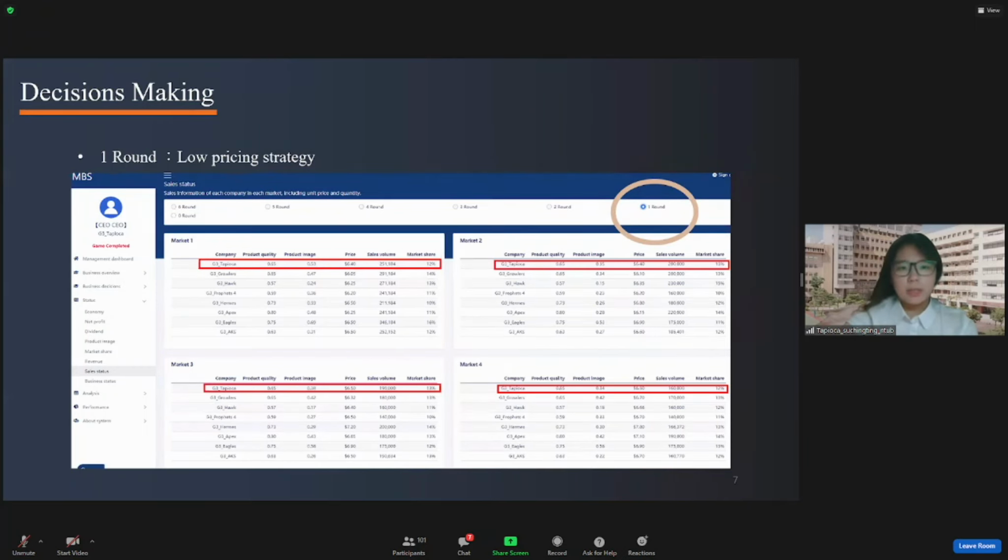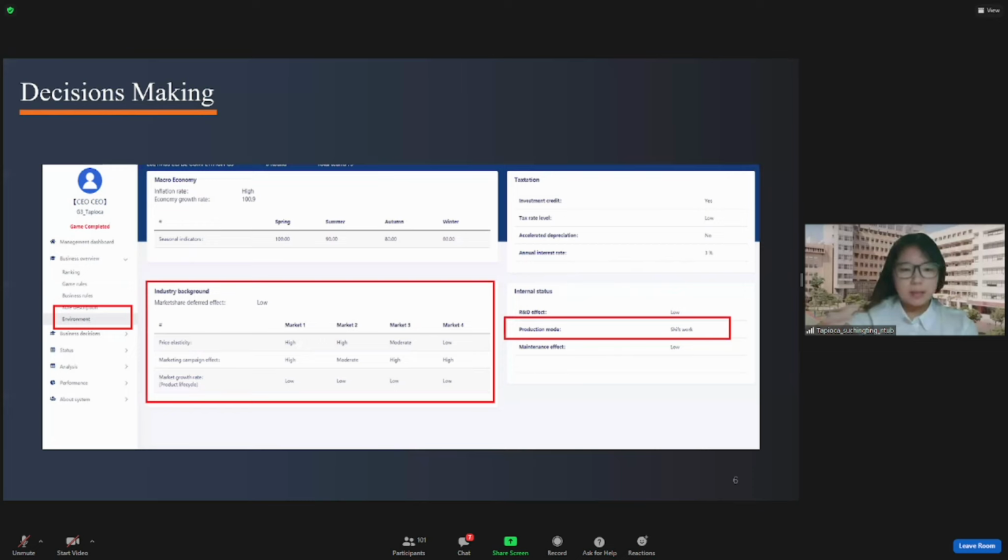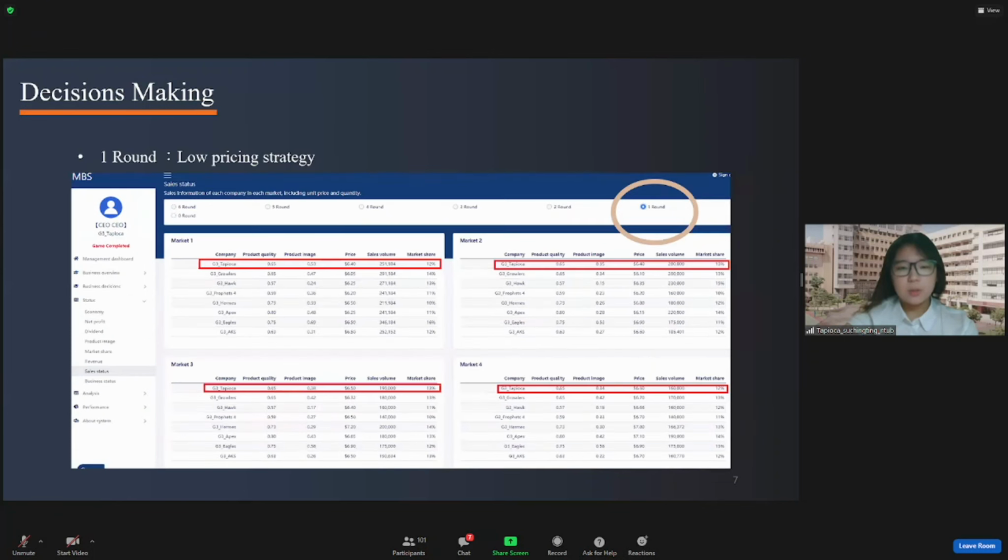For our first round, because we thought our marketing campaign effect was higher, we adopted a low pricing strategy, a market penetration strategy, lowering price to grab most of the market share and increasing research and development expense to get higher quality, with more marketing expense and more product image.